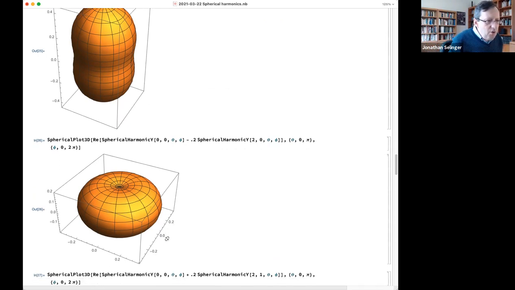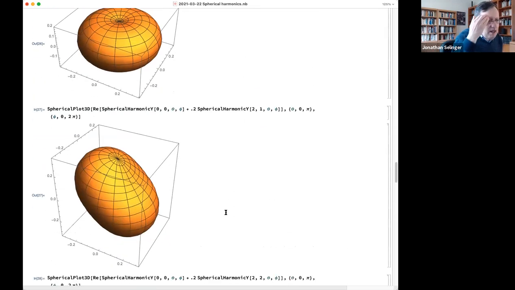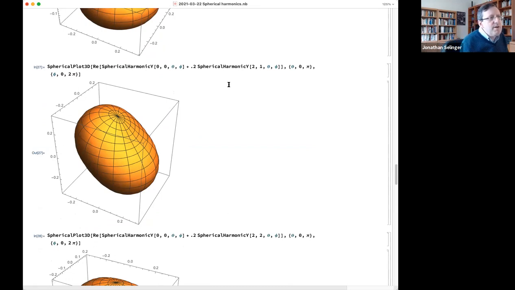Okay, so what about the 2, 1 or 2, 2? The 2, 1 spherical harmonic would make it extended, but not extended towards the North Pole. Extended in this sort of diagonal way.